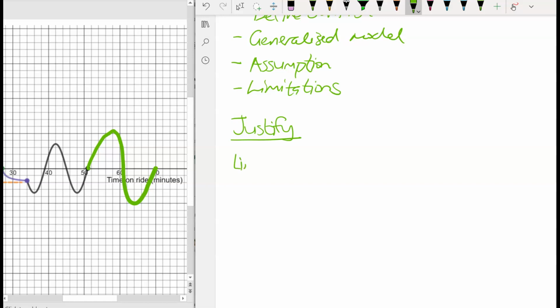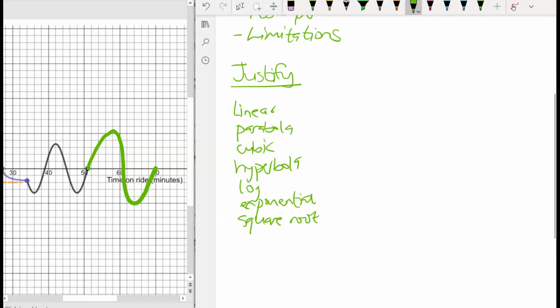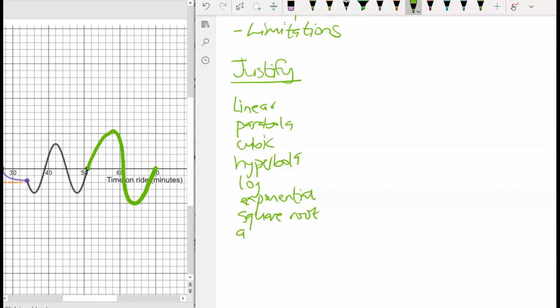We could have had a linear model, could have been a parabola, could have been a cubic, a hyperbola, could have been a log graph, could have been exponential, could have been a square root graph, could have been an absolute value graph. That was one of the ones that we just looked at, absolute value.